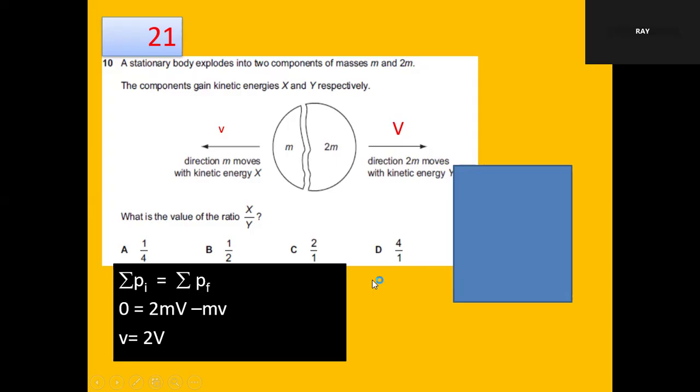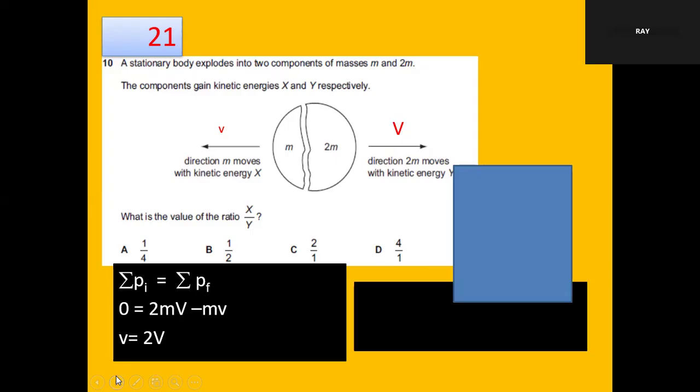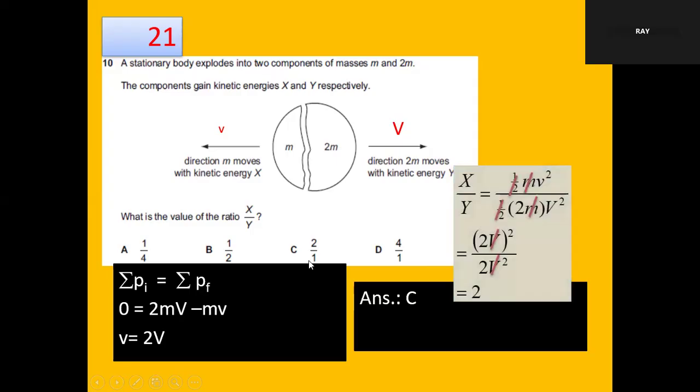Then you have X. So it's 2, 1. See, you want kinetic energy of X and kinetic energy of Y. Kinetic energy of X is half M V squared. Kinetic energy of Y is half 2M V squared.